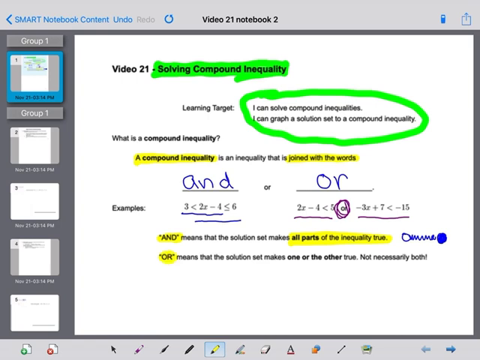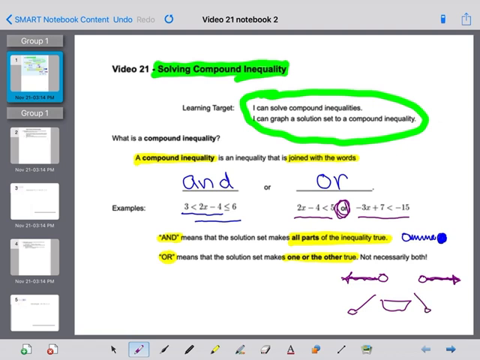Or means that the solution set will make one or the other true, not necessarily both. And with an or inequality, you're going to end up shading in two opposite directions. So it'll look kind of like this. And Ms. Turner says that you can think about this as oars on a boat. You've got your rowboat and you're paddling with your two oars.